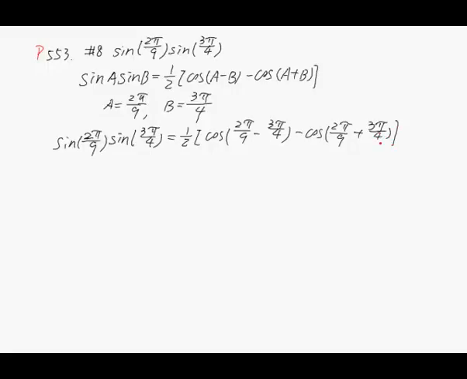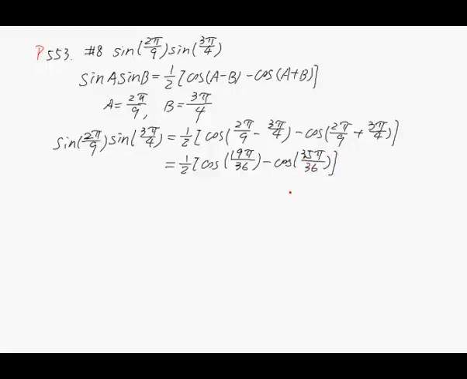And you can use a calculator to compute the difference and the sum of these two fractions, if you like. And then you simplify, you can get cosine of 19 pi over 36 minus cosine of 35 pi over 36.